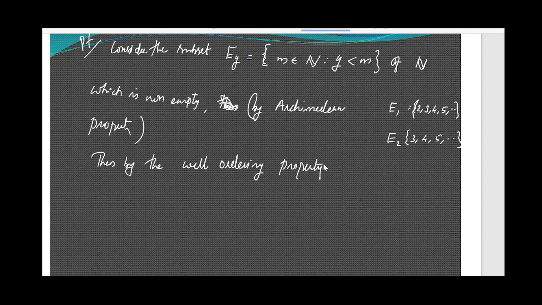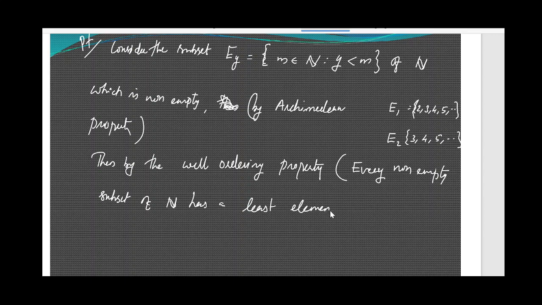What is my well-ordering property? The well-ordering property is this: every non-empty subset of N has a least element. So this is the well-ordering property.